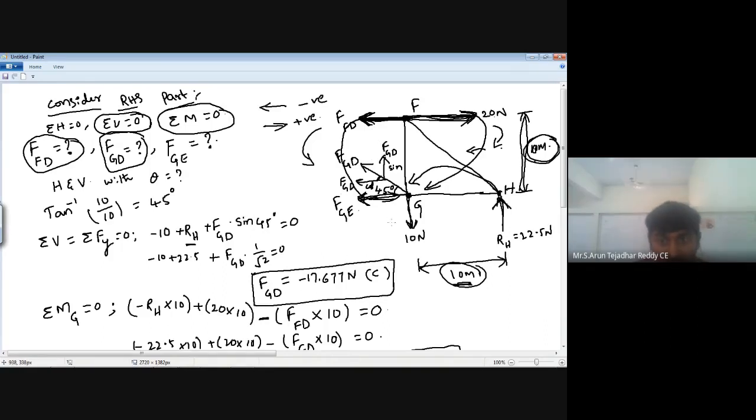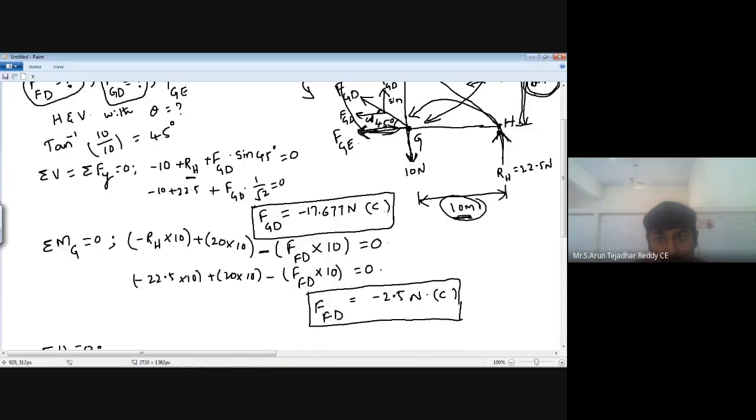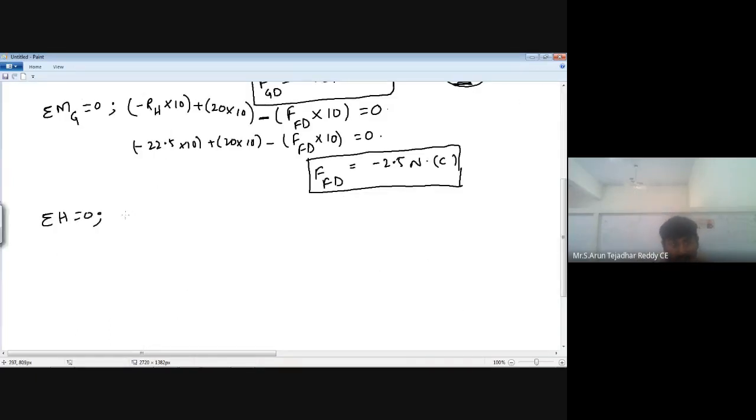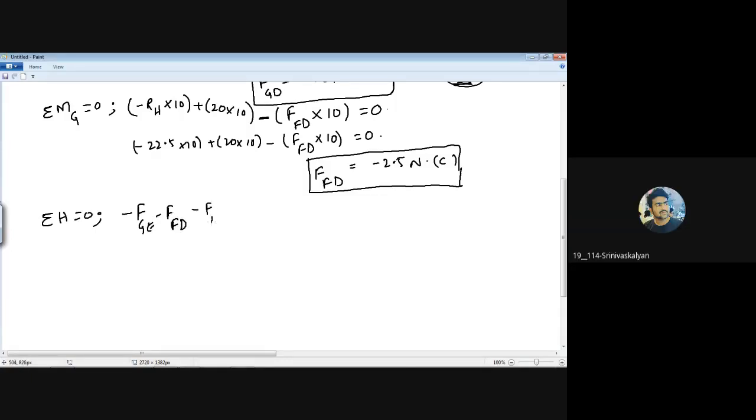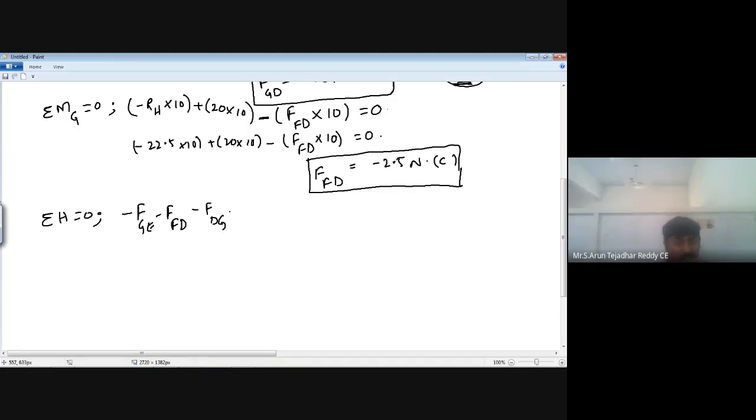Write down minus FGE minus FFD minus FDG cos 45. Here in the vertical direction we took sine 45, but here obviously it's cos 45 degree, and plus 20 Newton is equal to 0. And already we know the FDG or GD value.